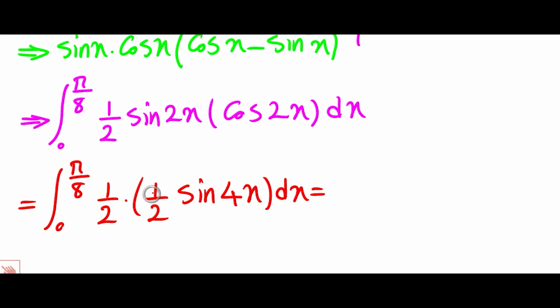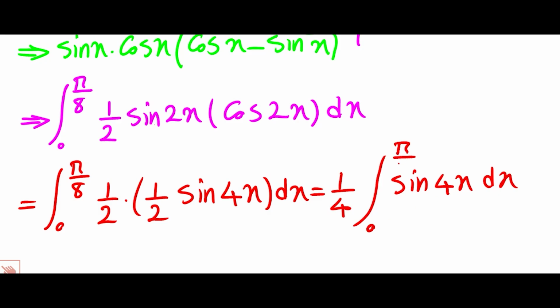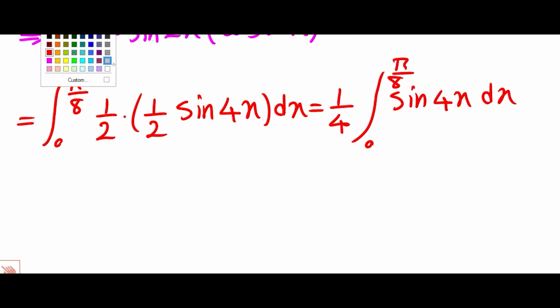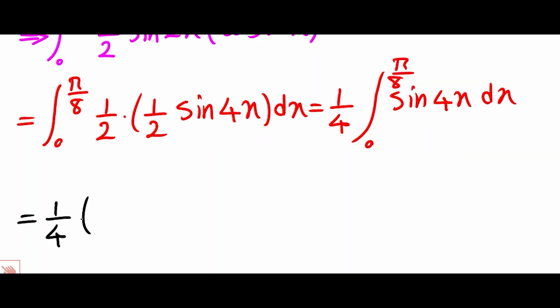So 1/2 times 1/2 is 1 over 4, the integral of sine of 4x dx from 0 to pi over 8, right?